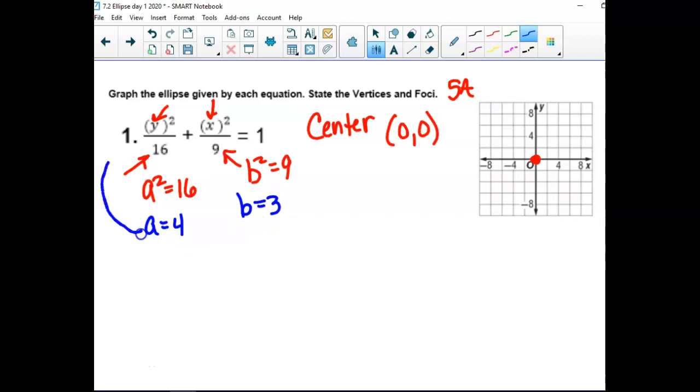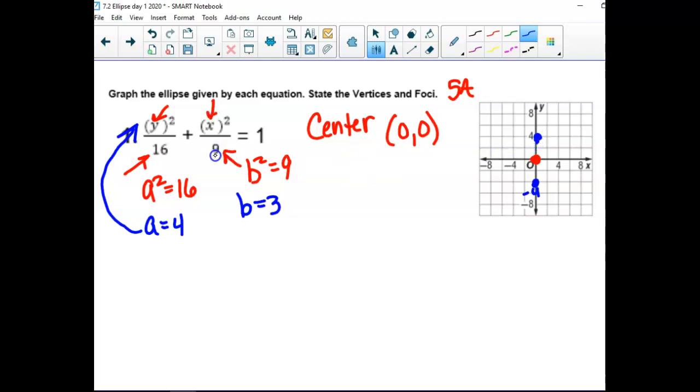Okay, A was underneath Y, so we're going to go 4 units which way? Up and down because it's under a Y. Now this graph paper is counting by 2s, so 2, 4. There's -4, +4 up there.